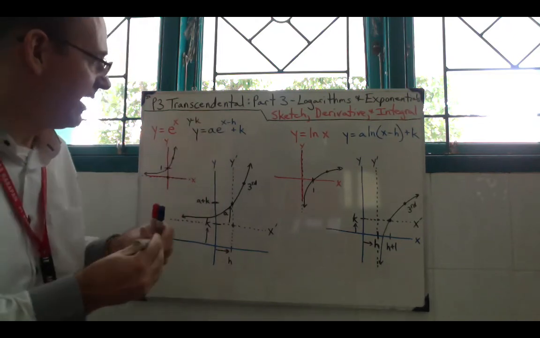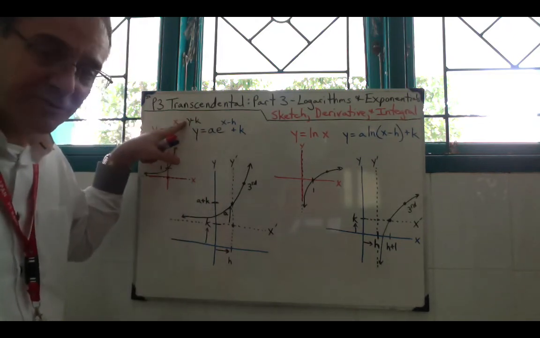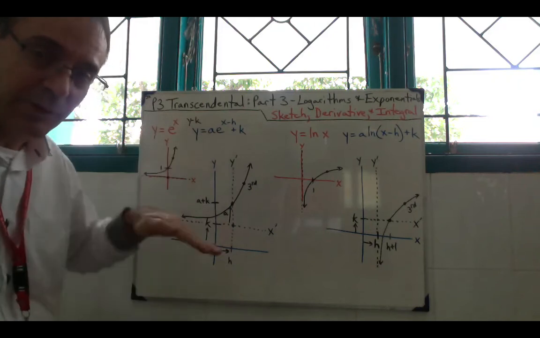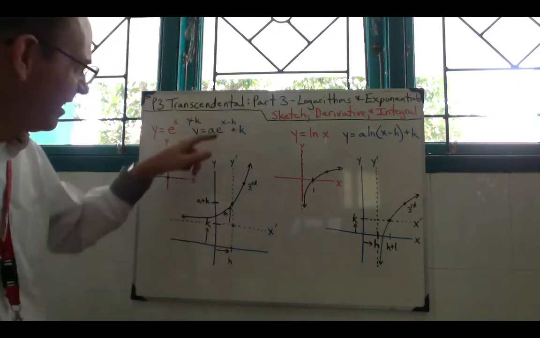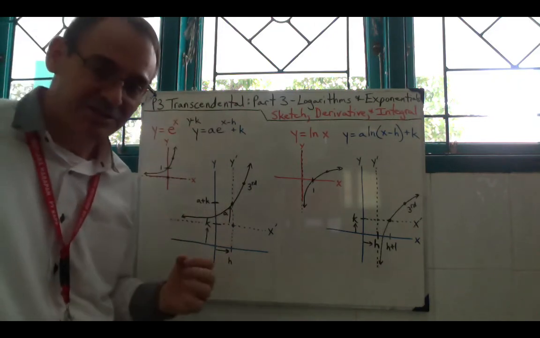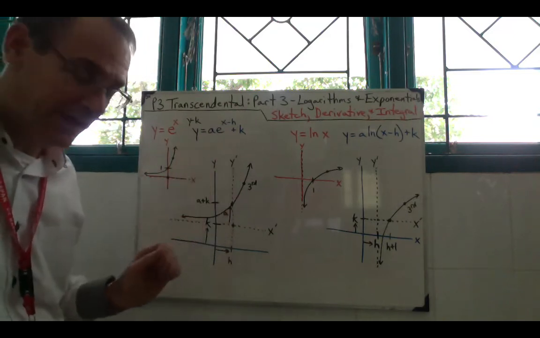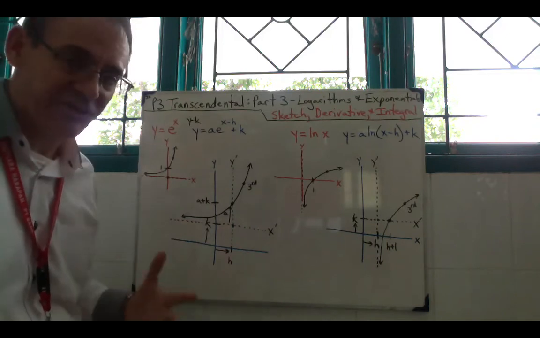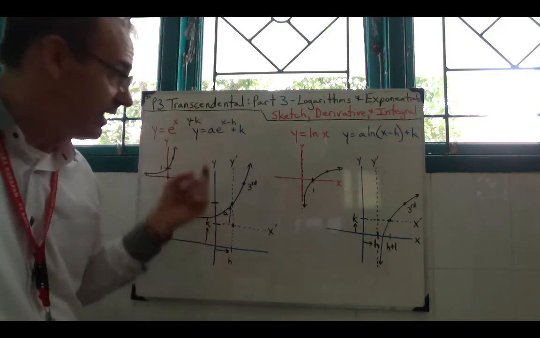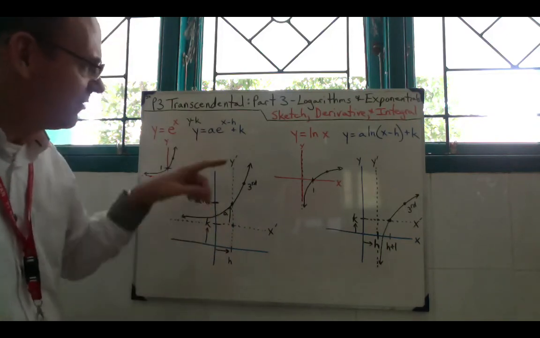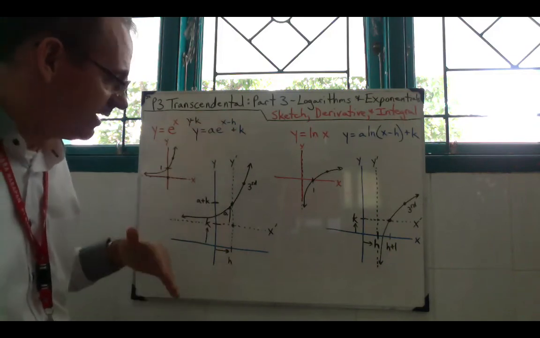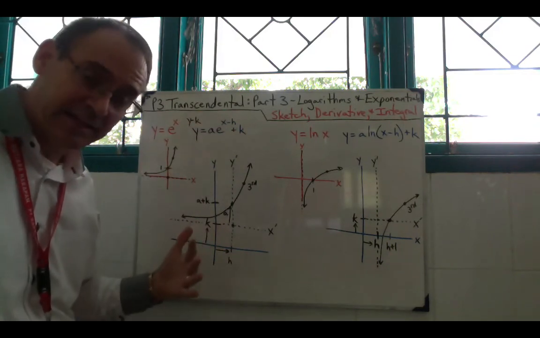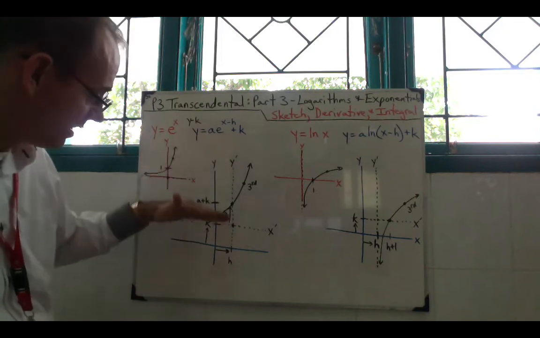So the k comes from your y variable, and it's what moves your graph up and down. The h is attached to the x, it moves the graph left and right. Because the k has already been moved to the other side, we've already changed the sign. So for the plus k, you don't change the sign anymore. If it's positive, it moves up.